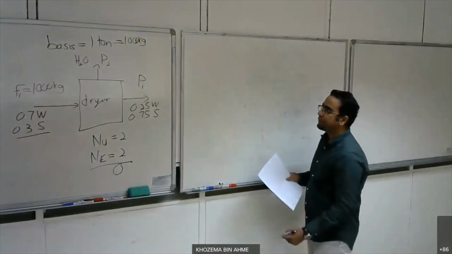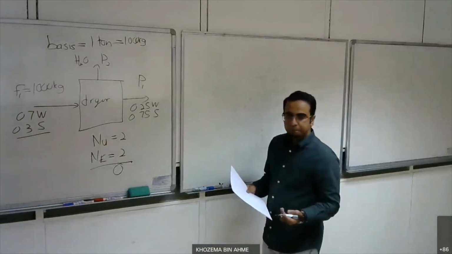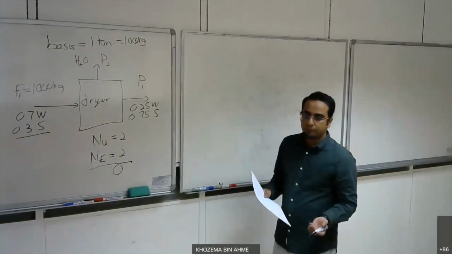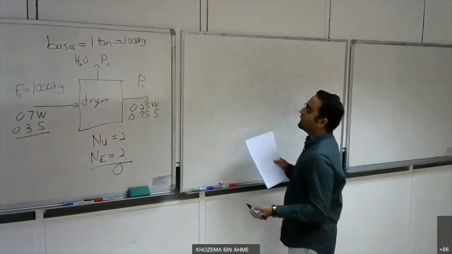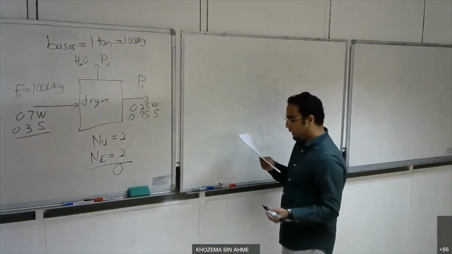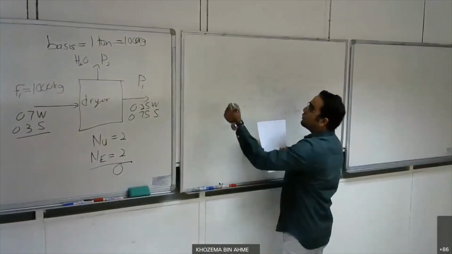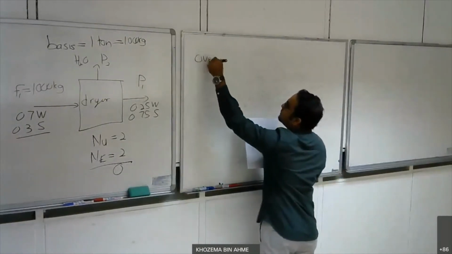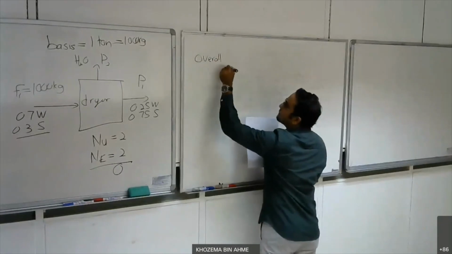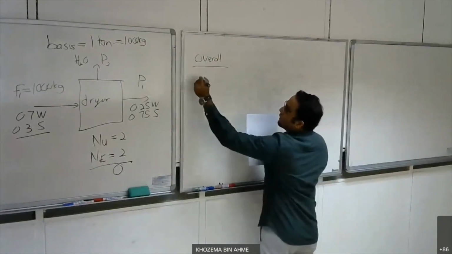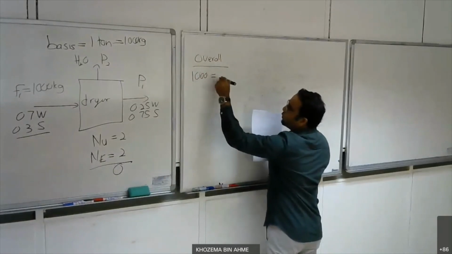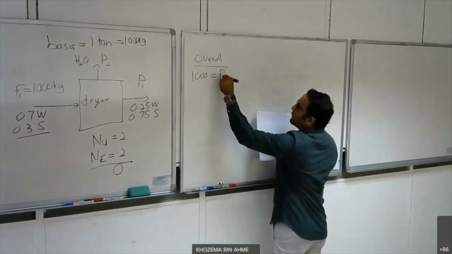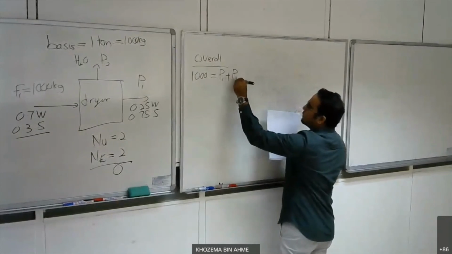So again, open system, continuous system, and also steady state system, so we can say that input is equal to output. If I do the overall balance, I know that 1000 is equal to P1 plus P2.